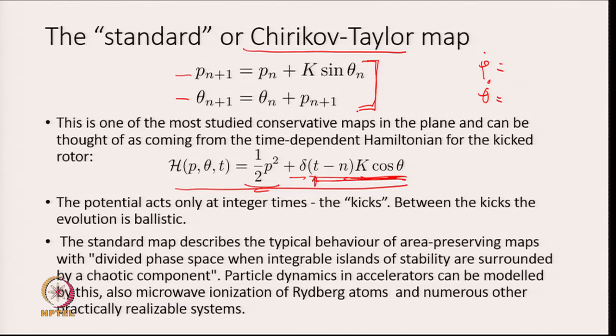This is a mapping now, and this mapping is a fairly faithful representation of this dynamics, because the potential energy acts only at integer times. So the momentum, in a sense, can only change at integer times, and the angle evolves smoothly between the kicks. Between the kicks, the evolution is ballistic.